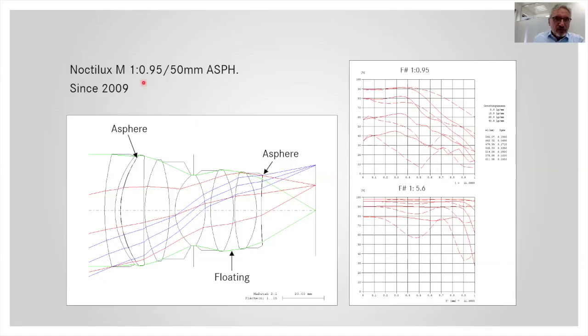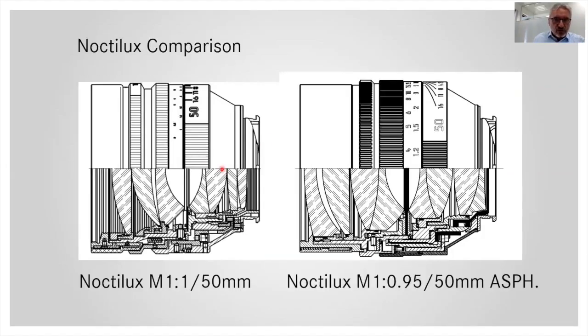So let's continue with the Noctilux 1 by 0.95. This is the latest Noctilux 50 millimeter we have. There we implemented everything I explained already: Asphere technology, glass technology, and floating elements to improve the performance, not only at infinity, but also in close focus. And all this mechanical work here. This is the older version of the Noctilux, and this is the latest version.